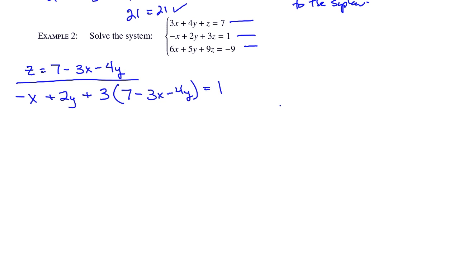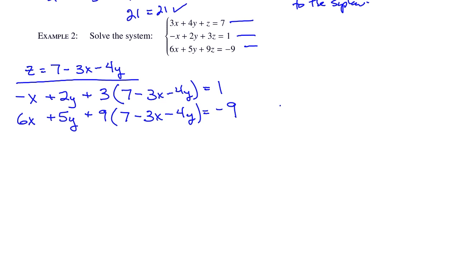And we plug it into the bottom equation as well. 6x plus 5y plus 9 times 7 minus 3x minus 4y is equal to negative 9. Now notice what you have. You have two equations left in the system and two variables.